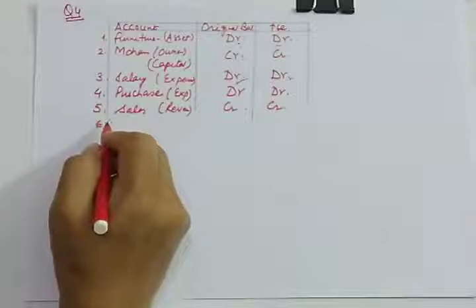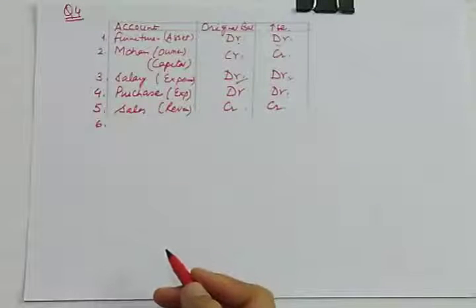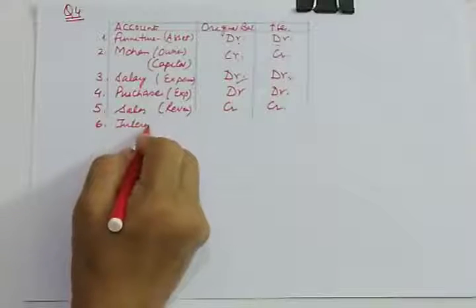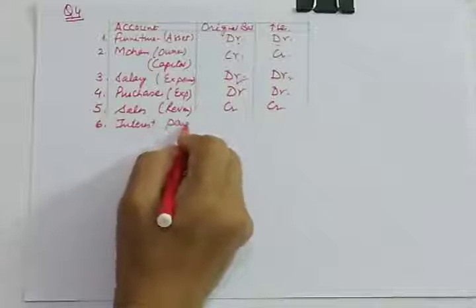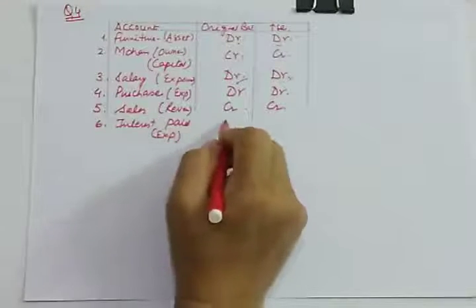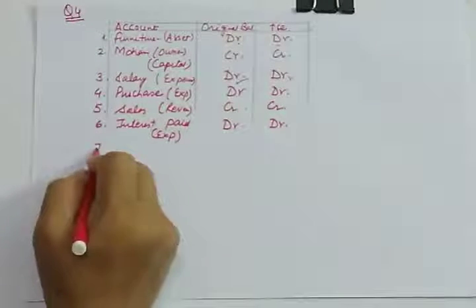Next is interest paid. Interest paid will be expenses, and expense is debit, and increase is also debit.